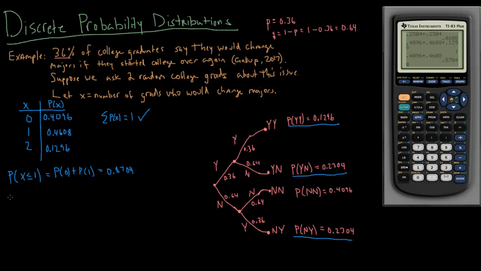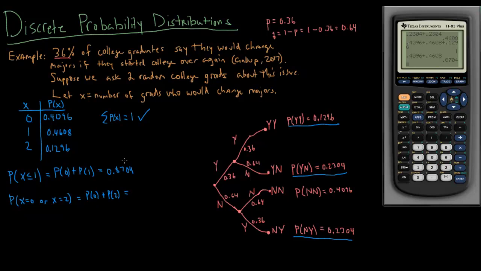Okay? You could say, what's the probability that nobody, so X equals 0, or both people, that is X equals 2, would like to change their major. So that's either everybody wanted to change their major, those two people, or nobody wanted to change their major. Well, in that case, that's just the probability of 0 plus the probability of 2.